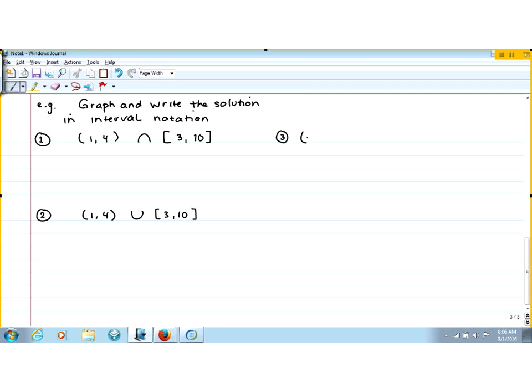Number 3, negative infinity to 6, intersection (2, 10). Number 4, (-4, 6) union (0, 8). I'm sorry, it looks like infinity. This is 8. All right.